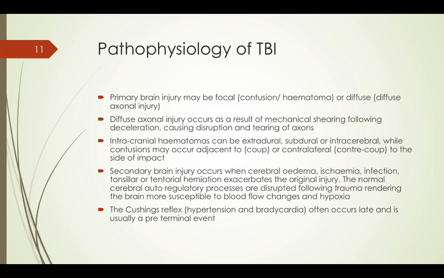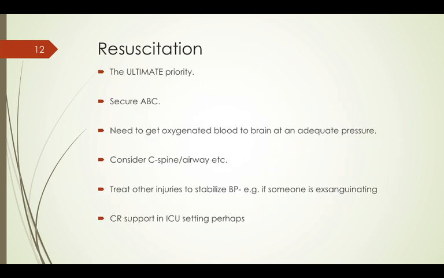It's likely to indicate poor prognosis because this indicates that there's brainstem compression due to tonsillar herniation of the brain, and it can cause compression of the cardiorespiratory centers of the brainstem, causing hypertension, bradycardia, as well as an irregular respiratory rate. So that's the triad, but as I said, we'll come on to it later.